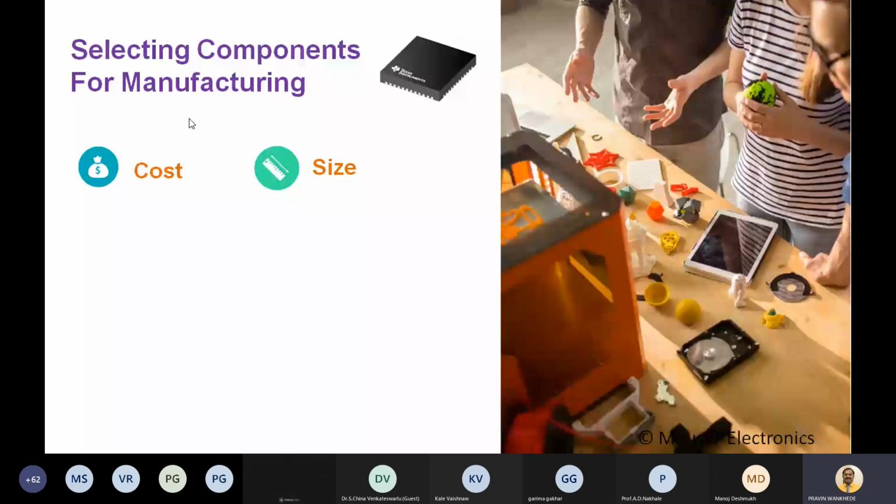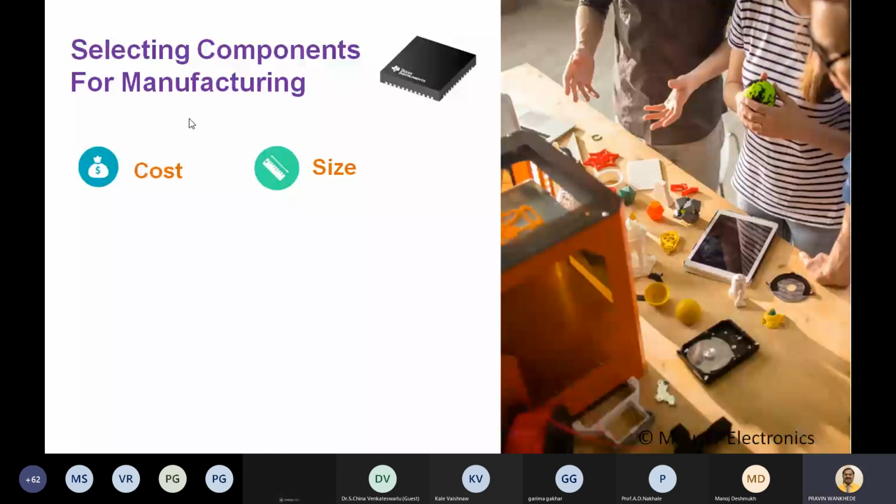Correct? So at the time of manufacturing, you can keep aside the assembly and inspection line of the SMD components if you are using components whose size is greater than the SMD component. Therefore, you also have to think about that at the time of developing your component, which is going to the manufacturing phase.